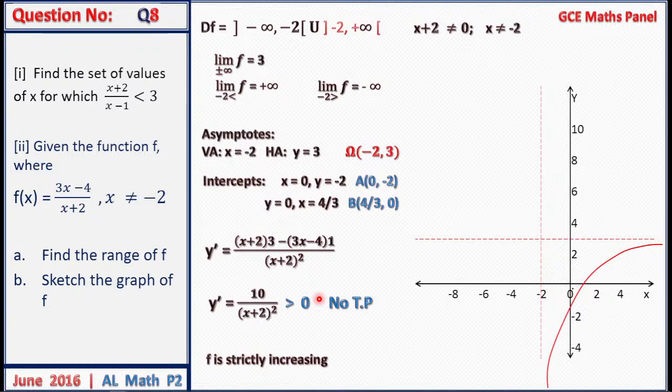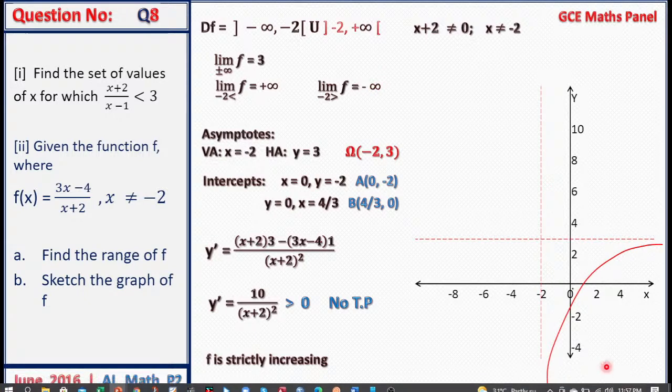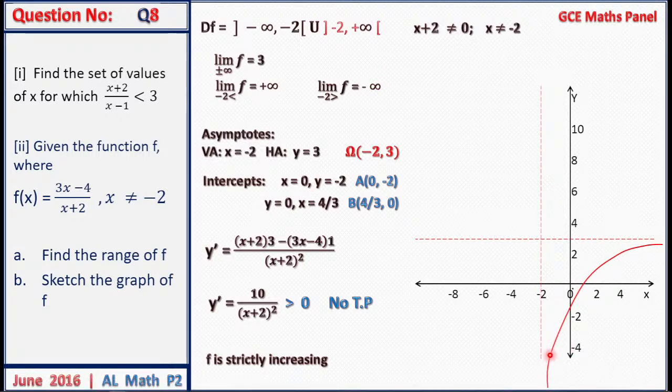So when we look at the limit of minus 2 from above, the function is negative infinity. So for minus 2 from above, we have this line around this area. And it moves as x is tending to plus or minus infinity.